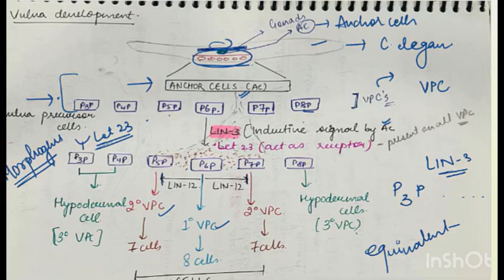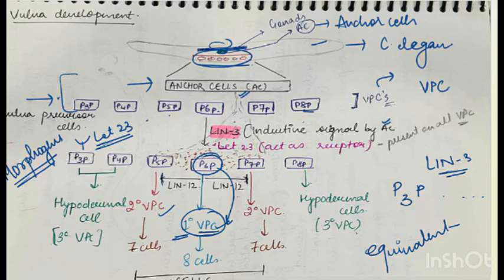P6P receives the highest concentration of your Lin3 signal. As a result of receiving the highest concentration, it will be converted into your primary vulval precursor cell. That is the first primary precursor cell, that is this is VPC.